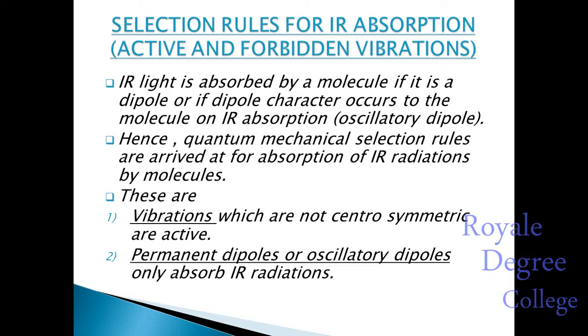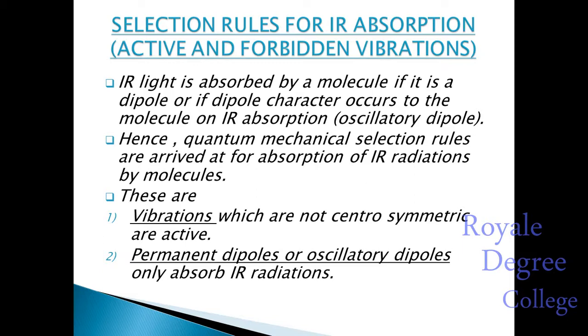Infrared light is absorbed by a molecule if it is a dipole, or if dipole character occurs to the molecule on infrared absorption, that is oscillatory dipole. Hence, quantum mechanical selection rules are arrived at for absorption of infrared radiations by molecules.